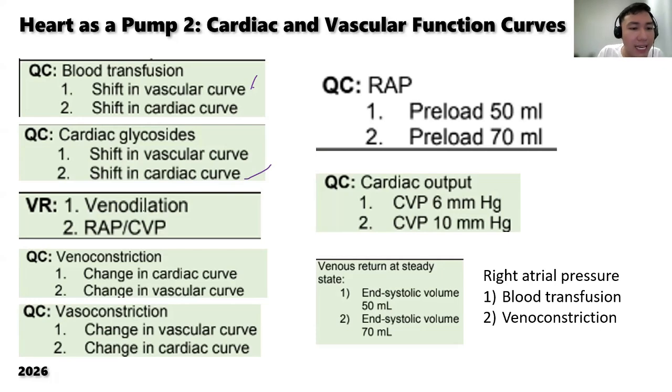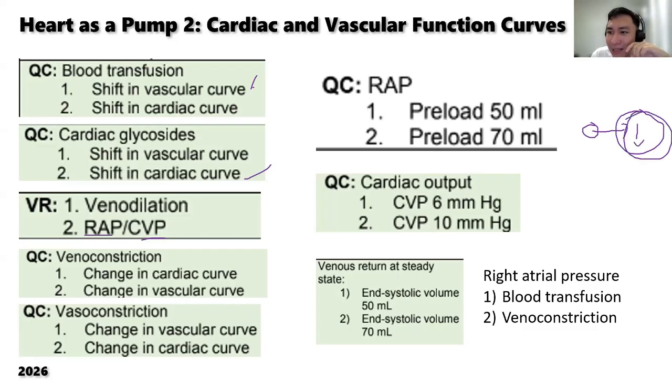How about your venodilation? Variation relationship, venodilation, and right atrial pressure. Venodilation means you dilate your veins. What would happen to the pressure in your right atrium and into the central venous pressure? So imagine nyo, kung ito yung vein mo, tapos vinasodilate mo, ano nangyari sa pressure mo nung nilakihan mo yung vein mo? Eh di ba bumaba?